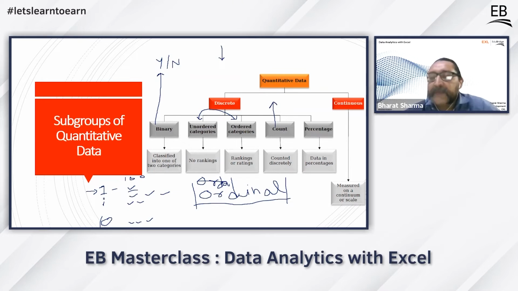I'll take an example to explain what I mean. Counting numbers are whole numbers starting from 0 and going to infinity. That is what the count category is. But you can only count the occurrence. What has occurred, you will be able to count.